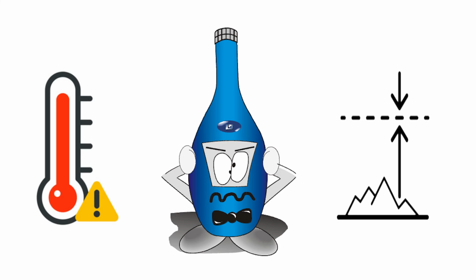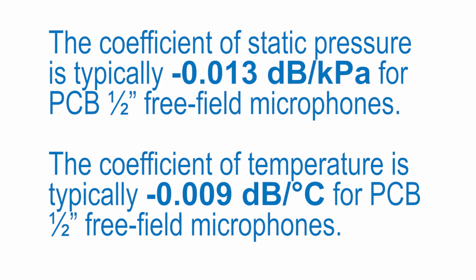If the instrument is calibrated in one environment and moved to another, then the sensitivity will change after stabilization, depending upon the change of temperature and pressure. The coefficient of static pressure is typically negative 0.013 decibels per kilopascal for PCB 1/2 inch free field microphones.